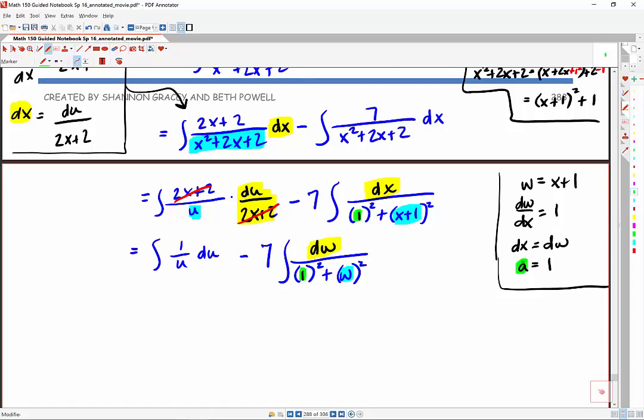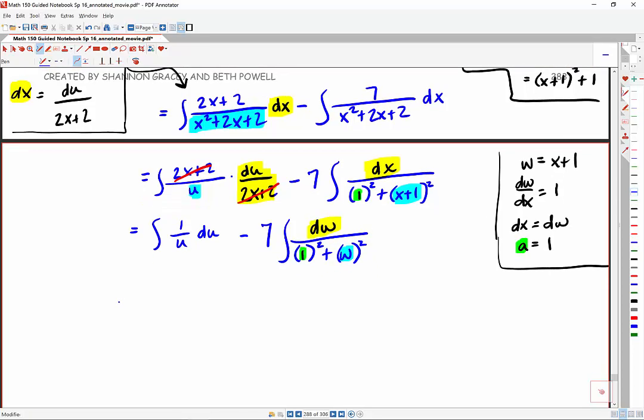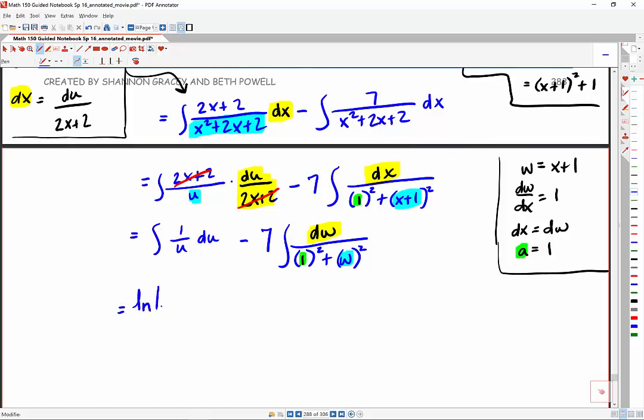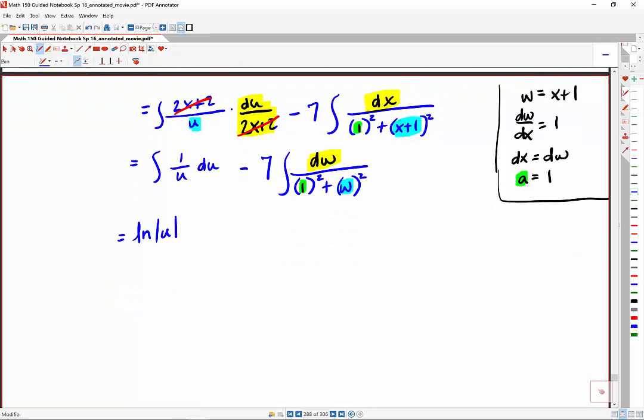So now we're getting there, guys. This is going to end up being perfect. Natural log absolute u is the result of the first integral, minus 7 times 1 over a arctangent of w over a plus c. So here was our a, and we have our w.